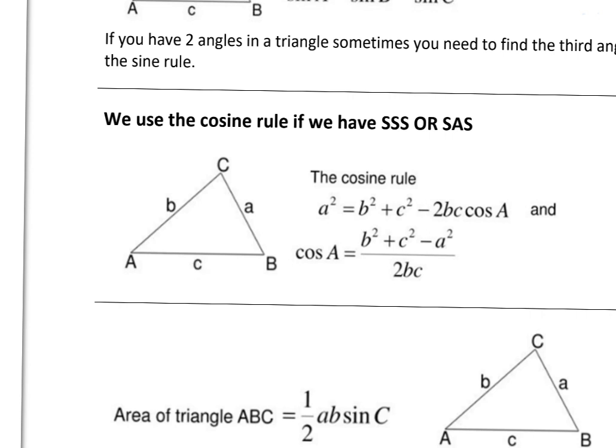Again, cosine A equals a fraction: b squared plus c squared, the adjacent sides for the angle, because I need this angle, minus the opposite, minus a squared, over 2 times the 2 adjacent, 2 times bc. So b squared plus c squared minus a squared over 2bc.